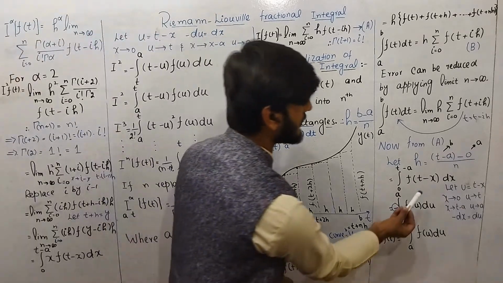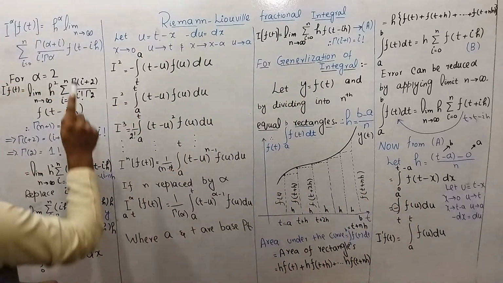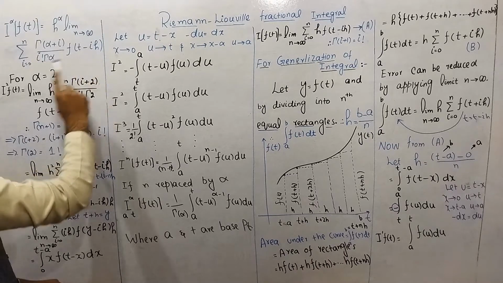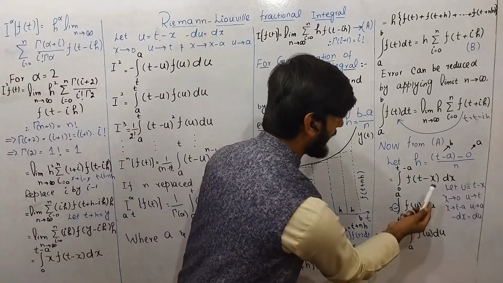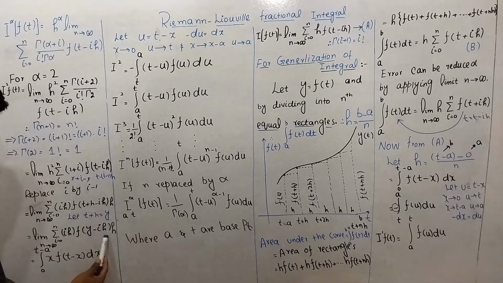So here the form is also t minus i of h. Here is i of h. I take this i of h as x. So here also i of h is taken as x, and the y is transformed into another variable, which converts into t, and this i of h is the same as x.